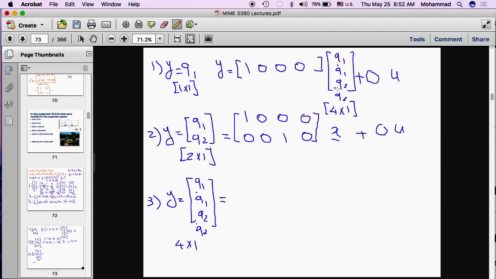So I want something that, when multiplied by a 4 by 1, gives me 4 by 1. And what is the dimension of that thing? It has to be 4 by 4. So I'm going to write a 4 by 4 matrix, and x is 4 by 1.